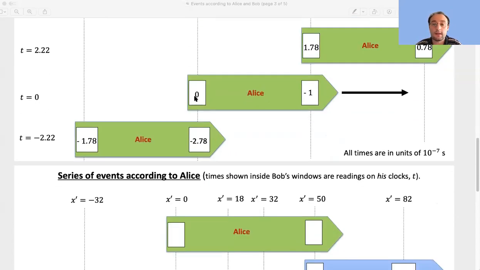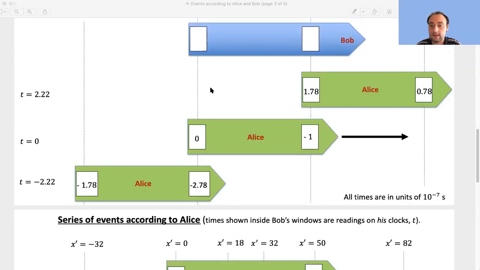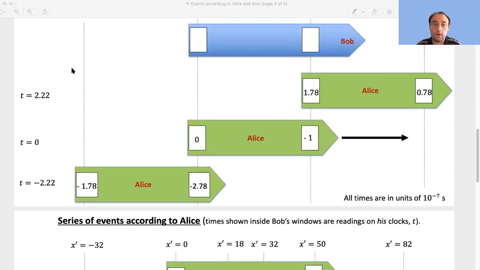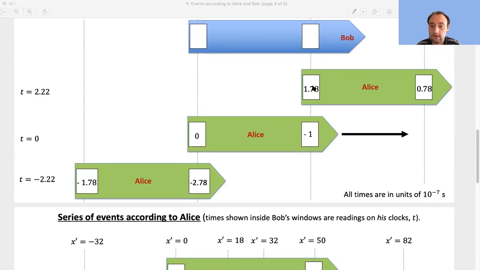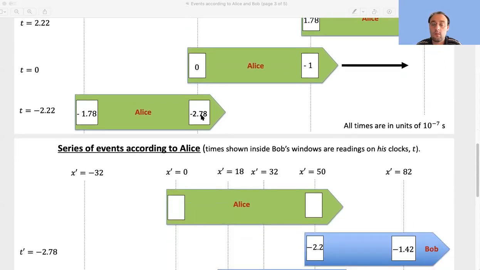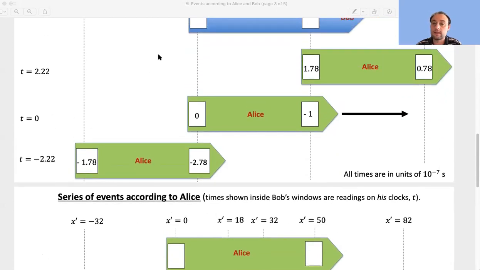So you can see that each clock is ahead by 1 unit, or 1 times 10 to the minus 7 seconds. And that's true for any moment of time in Bob's frame. So here, this reads 0.78, this one reads 1.78. This reads -1, this is 0. -2.78, -1.78. Okay, and that's this idea that clocks that are towards her rear bumper are advanced.